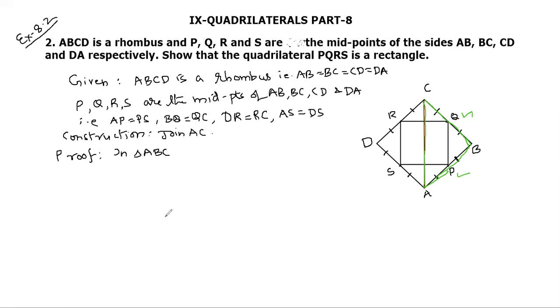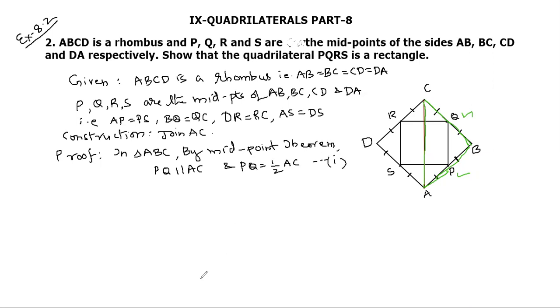And in this triangle, by the midpoint theorem, which says the line joining the midpoints of two sides is parallel to the third side and equal to half of it, this PQ will be parallel to AC and PQ is also equal to half of AC. This is the first result we got from the midpoint theorem.